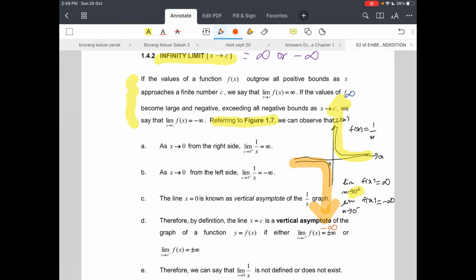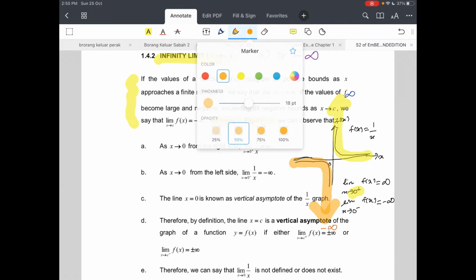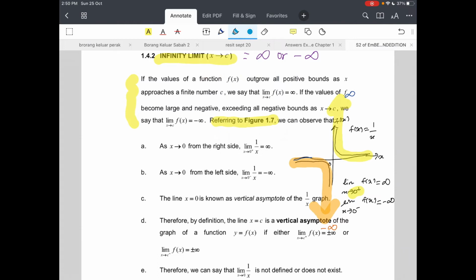So again, line x equals to 0 is here. I'm sorry, let me change the color. Okay, x equals to 0 is here. This is what we know as a vertical asymptote. So x equals to 0 is known as a vertical asymptote.